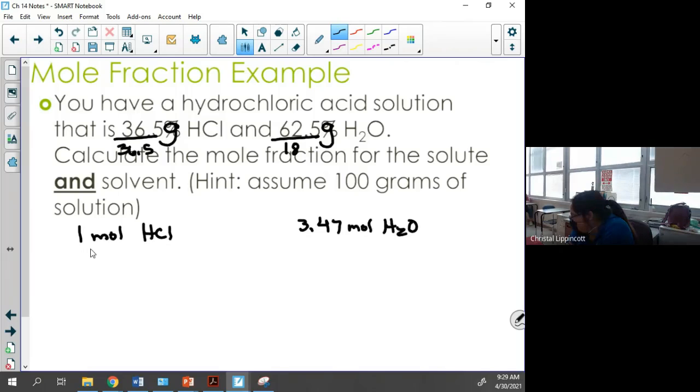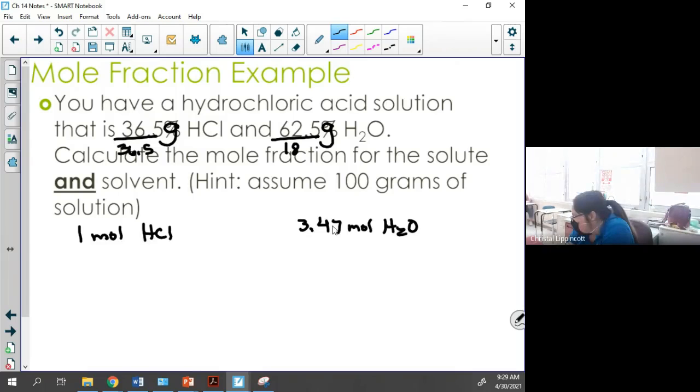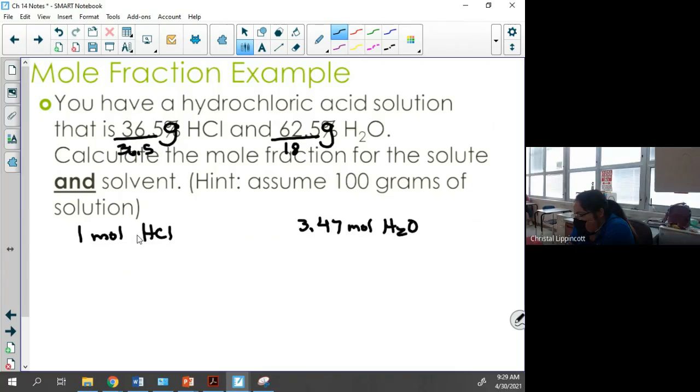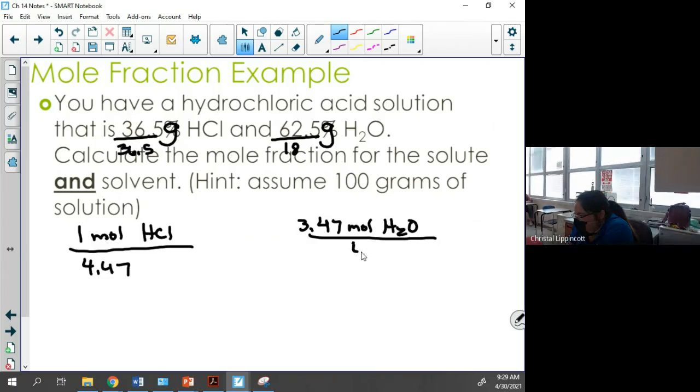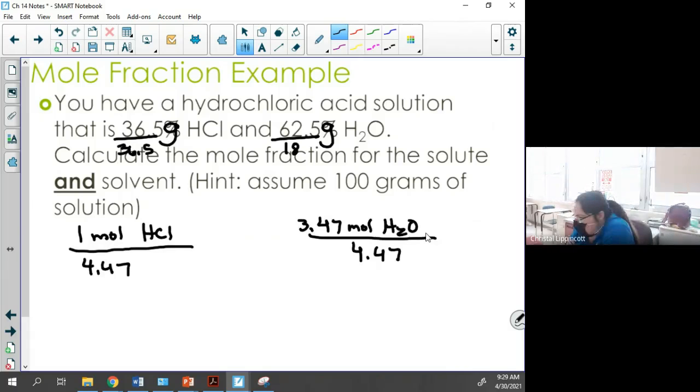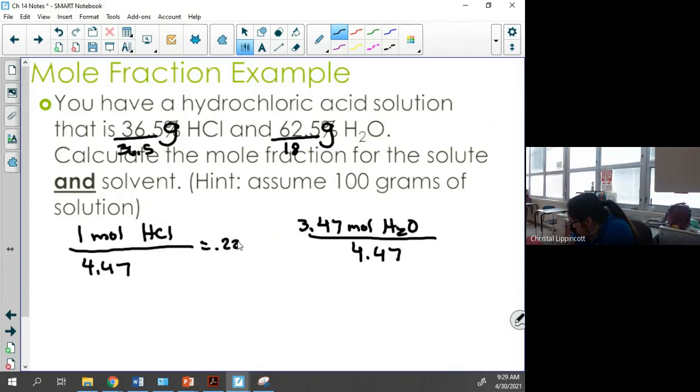All right, now we're going to figure out the fraction. So this is just, again, part over the whole without multiplying by 100. So this is a part, this is a part. How do I get my whole? Oh, you got part, yeah, I add them together. So I'm going to add 1 and 3.47 together, which is 4.47. And then I just go back and divide. So this ends up being 0.224.